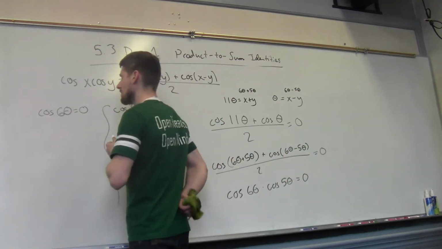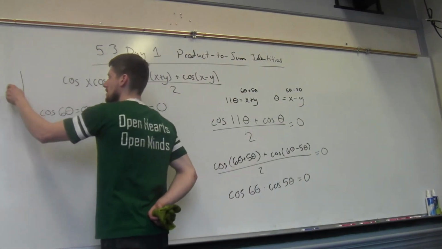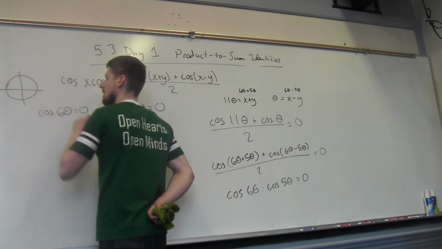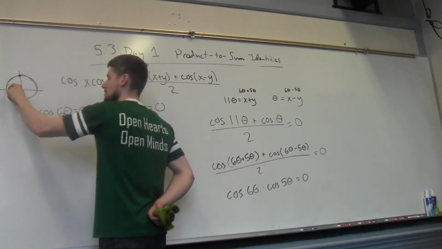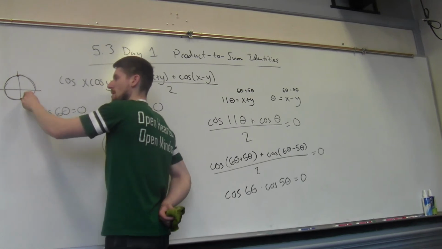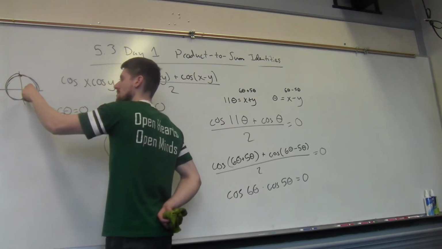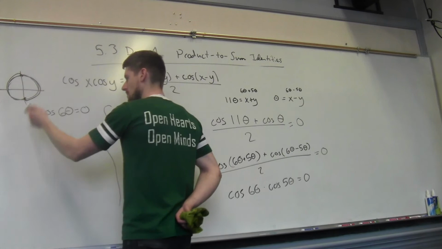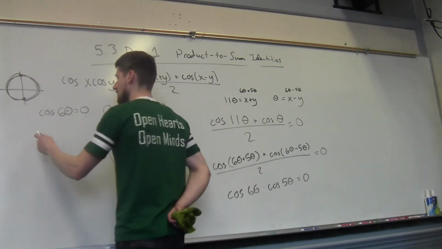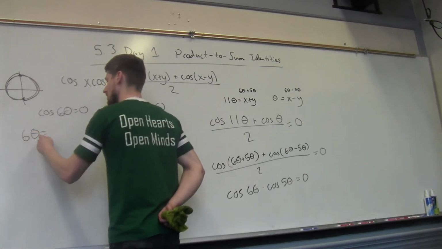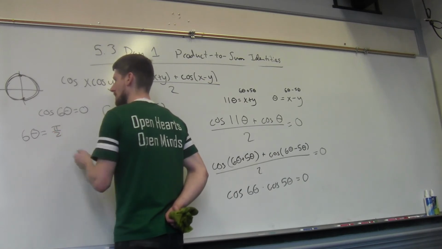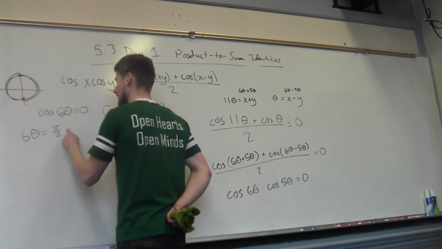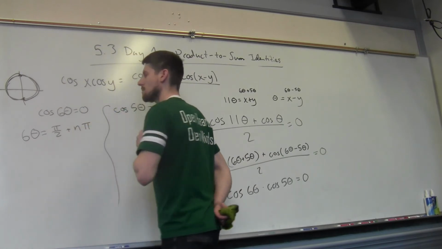So for this one, if you think about when the cosine is equal to 0, you can break out your unit circle. That happens at pi over 2, 3 pi over 2, 5 pi over 2, 7 pi over 2. So when we do the inverse cosine right here, we get 6 theta equals pi over 2 plus a multiple of pi, any multiple of pi.